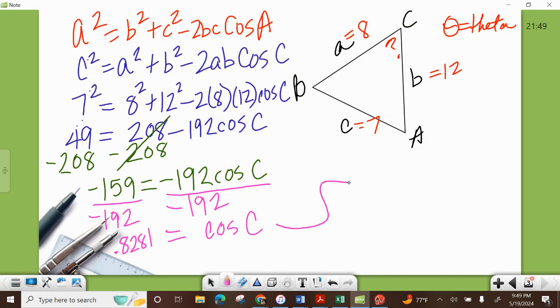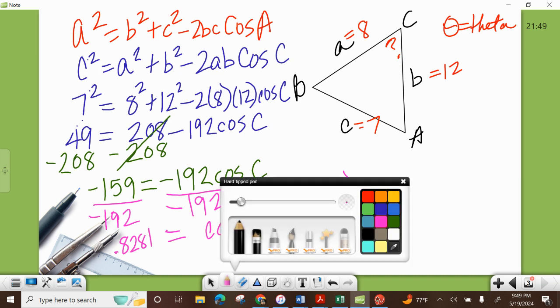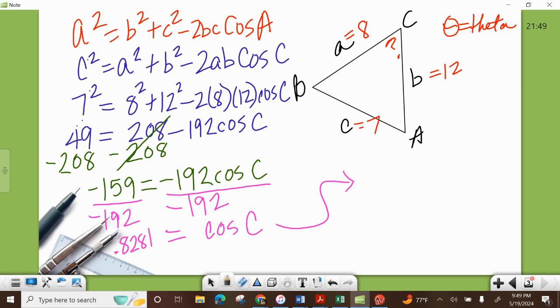Now you're presented with the issue that we want the angle, not the ratio. So we're going to use inverse trig. I'm going to move the cosine over. You may have seen it written arc cos. Arc cosine is the same as inverse cosine.